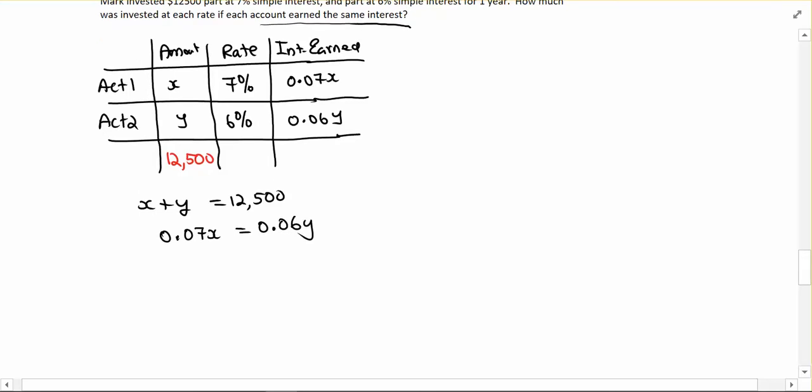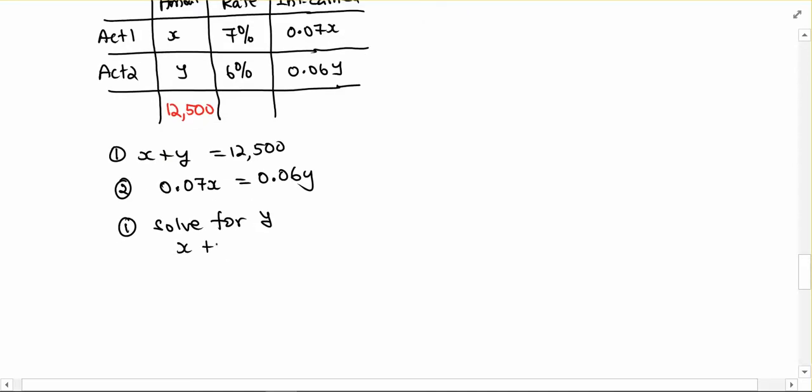And again, I can use either substitution or addition method to solve this. So just to review substitution, I'll use the substitution method. So what I'm going to do is I'm going to take equation 1 and solve for y. So we have x plus y equals 12,500. And then I'm going to solve for y, so I'm going to subtract an x, and I get y equals 12,500 minus x.